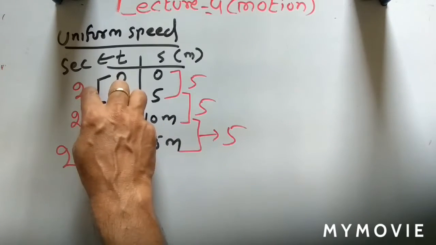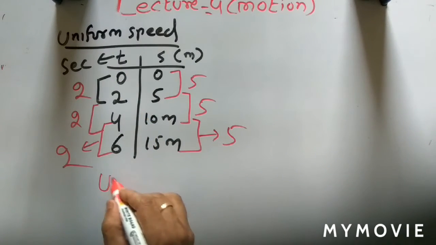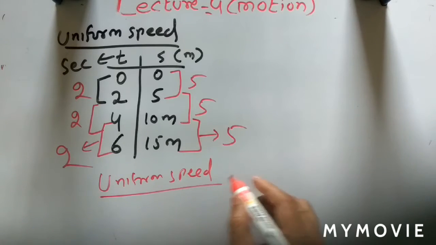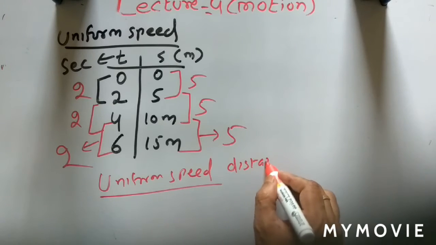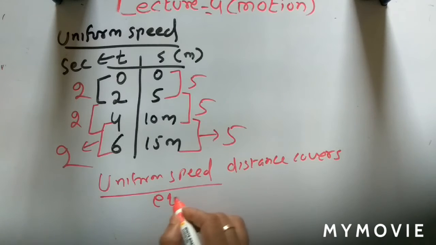Then what is the conclusion? The conclusion is that if the distance covered is uniform, that is, equal distance is covered in equal intervals of time, then it is called uniform speed. You may write the definition. What is uniform speed?